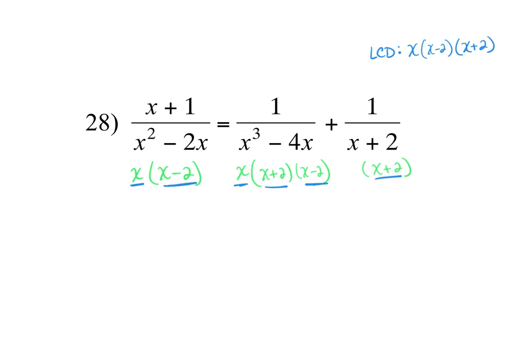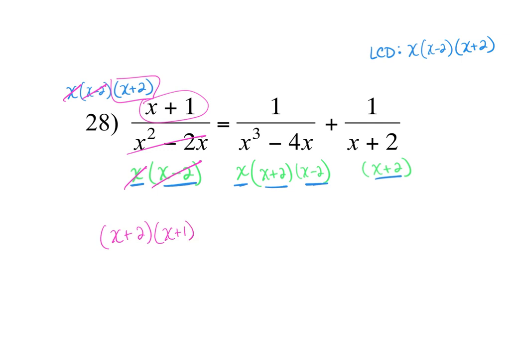So if I multiply this first group by this common denominator, you can see that the x will cancel and the x minus 2 will cancel. And so my whole denominator has now canceled, and I'm left with this x plus 2 and this x plus 1.